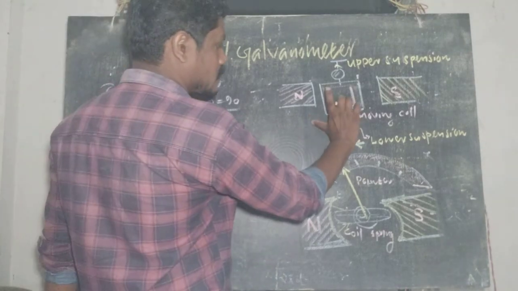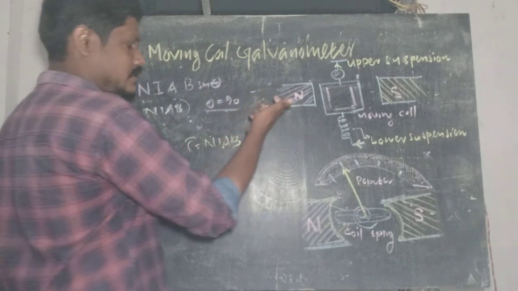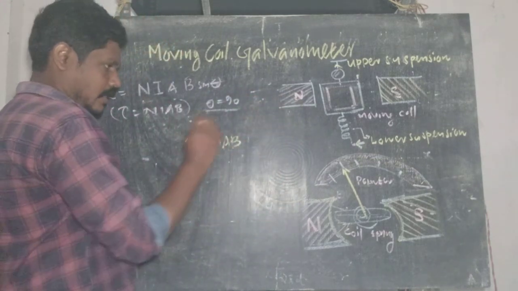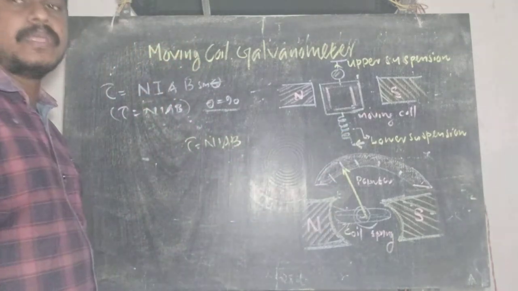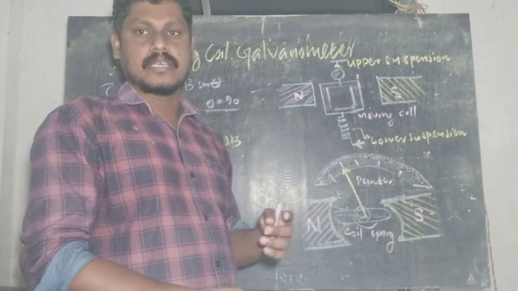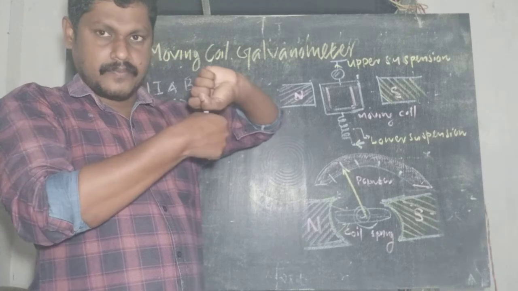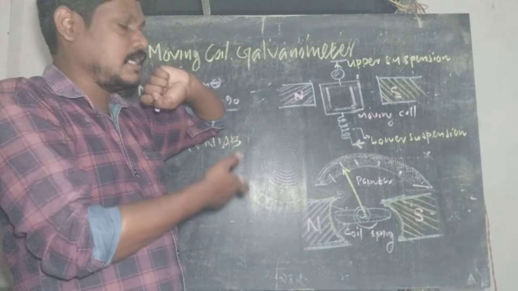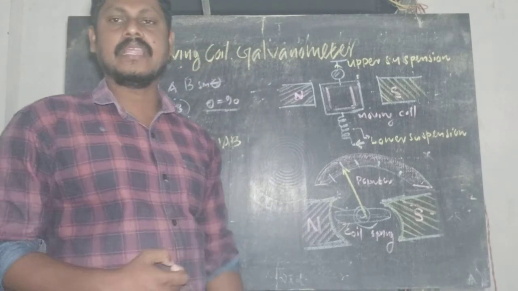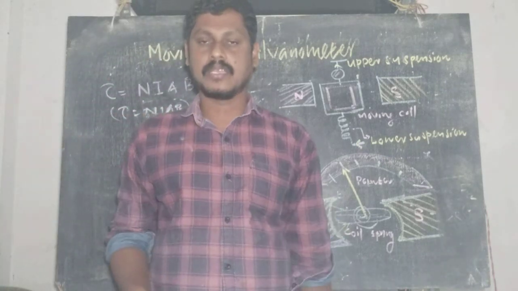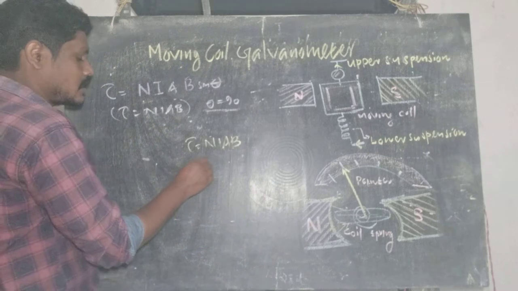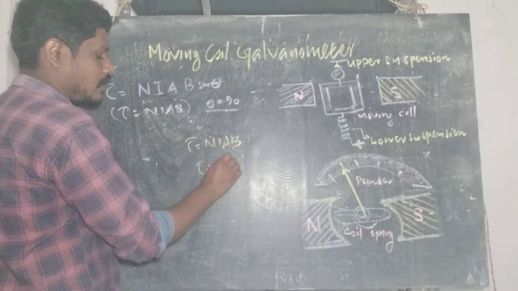At the time this coil is twisted, along with the twist, this suspension fiber will be developing a restoring torque. That means if you are twisting with the help of the applied torque of current, at the same time the material of the wire suspended will be generating a restoring torque, and that restoring torque is proportional to the angular twist.